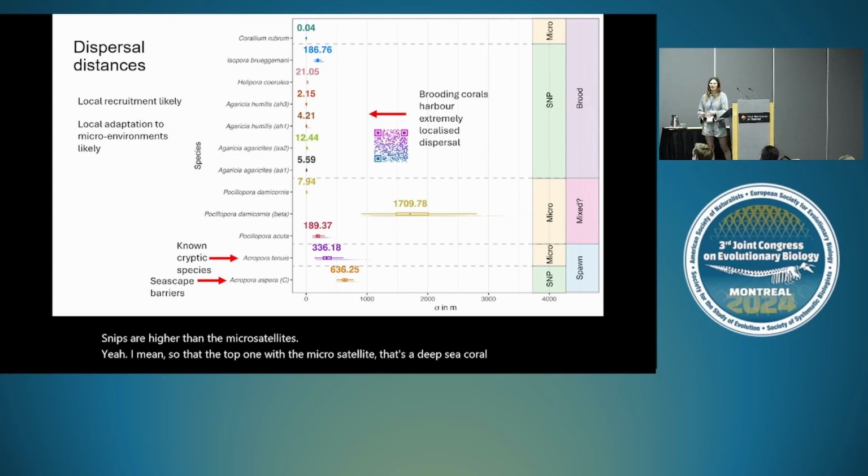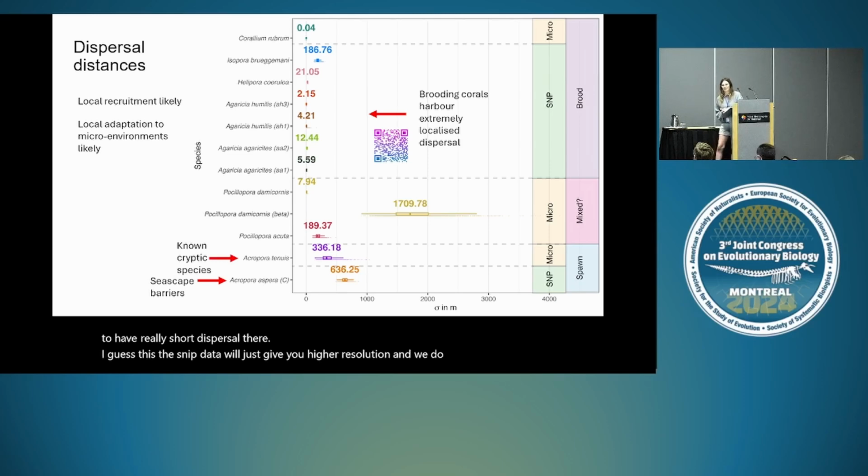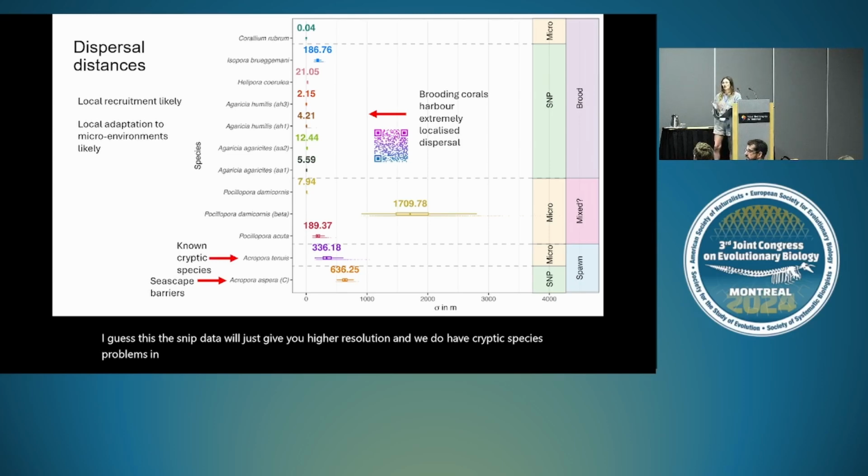It's known to have really short dispersal. I guess the SNP data will just give you higher resolution, and we do have cryptic species problems in corals that microsatellites are not really able to resolve. So that could result in smaller estimates.